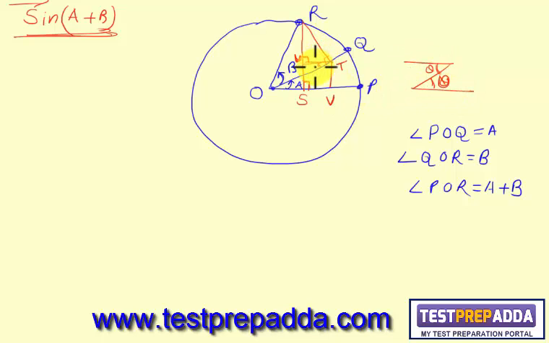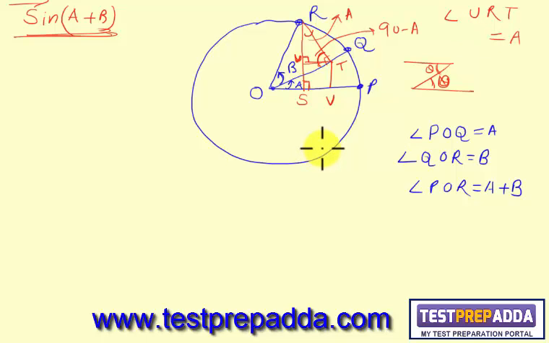And this angle, if A, this angle will become 90 minus A. And since this angle is 90, this is 90 minus A, this will become A. Means angle URT is A. Okay?